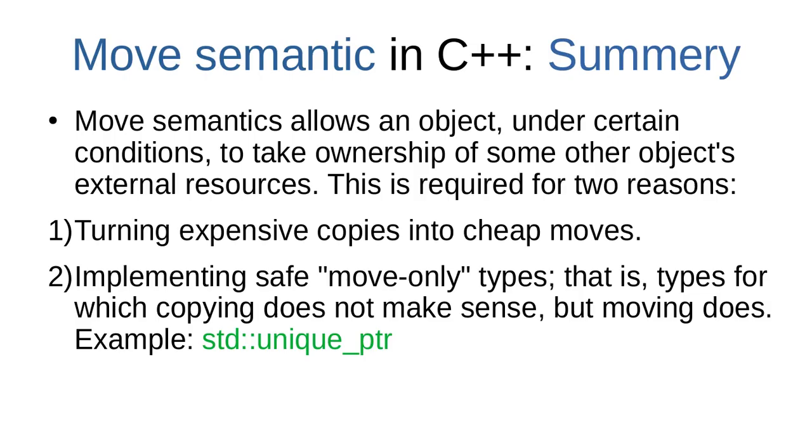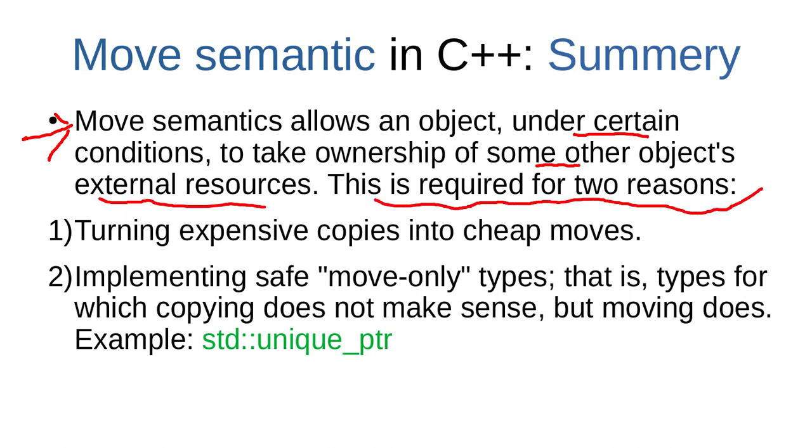Move semantics, in summary: move semantics allows an object, under certain conditions, to take ownership of some other object's external resources. This is required for two reasons: first, turning expensive copies into cheap moves. As we saw in the example, we don't have to copy the whole vector, we just transfer the ownership. Second, implementing safe move-only types, that is, types for which copying does not make sense but moving does.